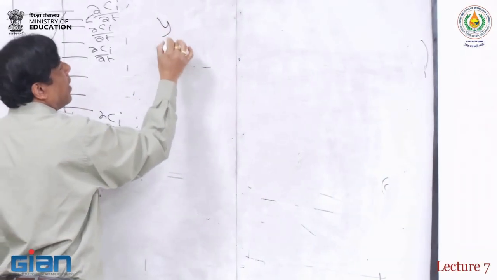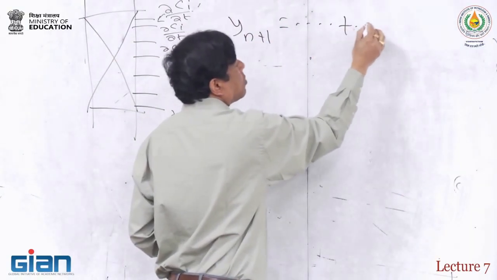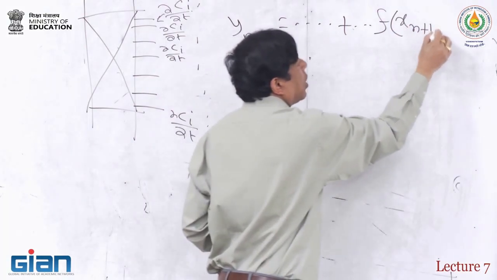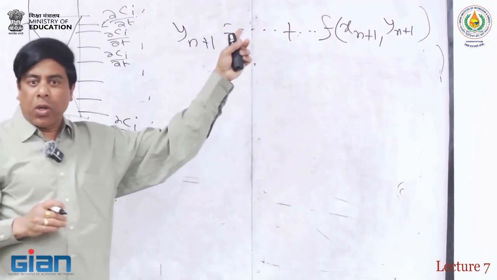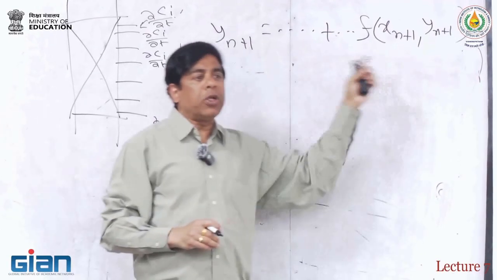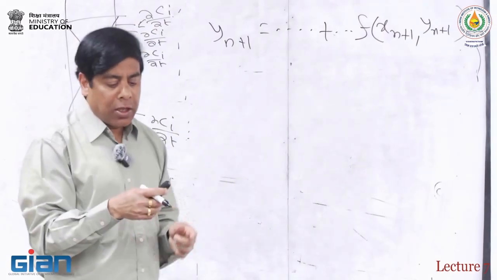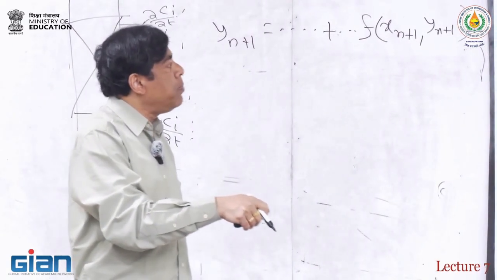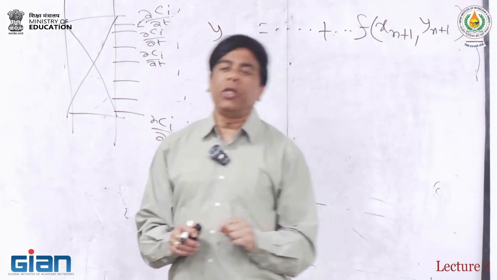Okay, so y n plus 1 is equal to a bunch of terms plus a bunch of terms, and f of x n plus 1, y n plus 1. You see, everybody? So that basically says that this depends on this. When it depends on the current step itself, it becomes an implicit method. If it is not, we call it an explicit method.